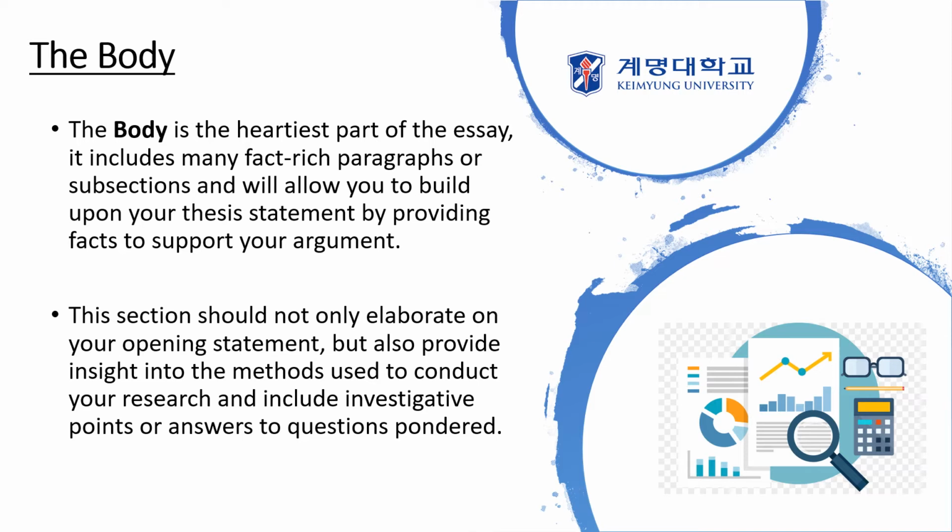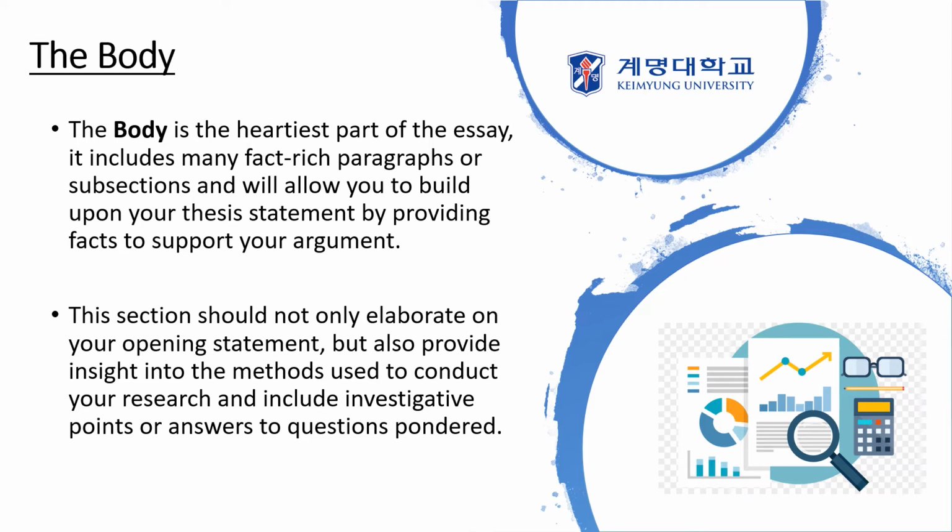So that's why in your body you have to include the important information in a concise manner. You should not write a long introduction. For journal publication, just write what is important.